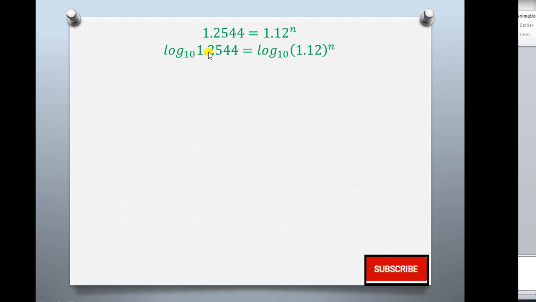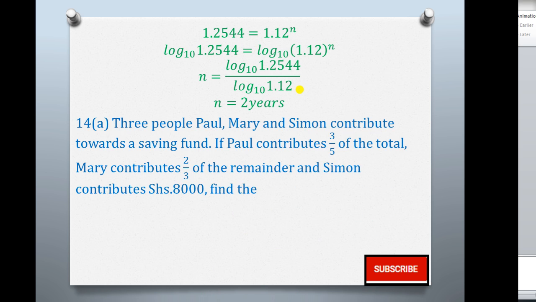Automatically, n being a power, we shall transform it to this position such that we have n log this equals log this. To make n the subject, it will be log of this divided by the log of 1.12. And if you press this, you will get n as 2 years. So it means that person will take around 2 years to accumulate the given interest in the question.